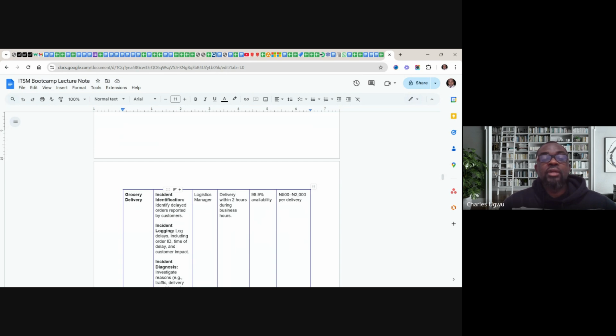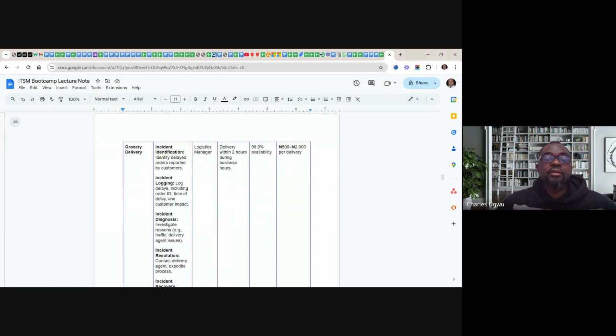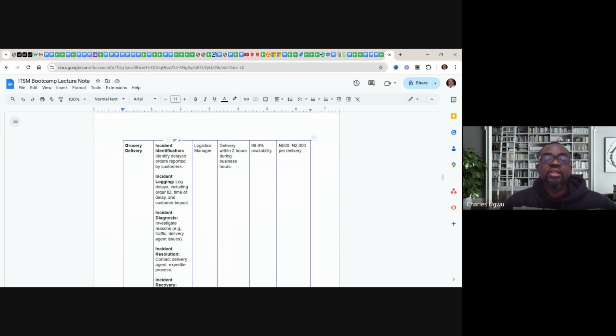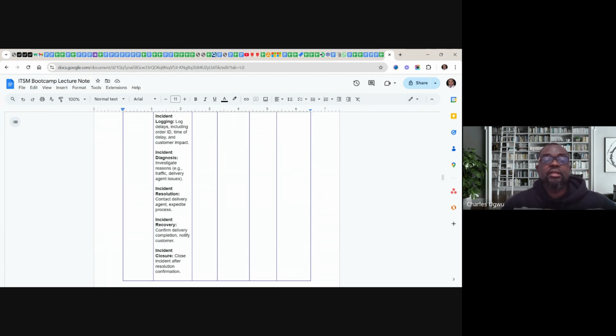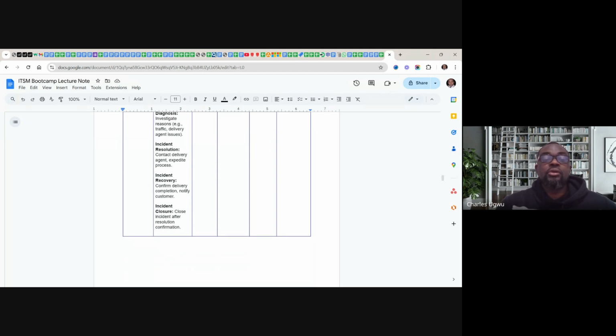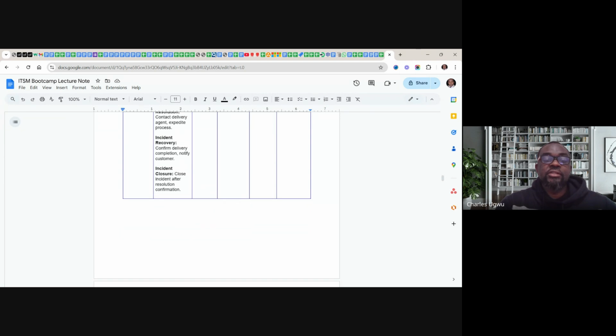And how do we do that? First is to identify the incidents, and second is to log the incidents. And then incident diagnosis, incident resolution, incident recovery and incident closure. That is how we are going to capture all the incidents.